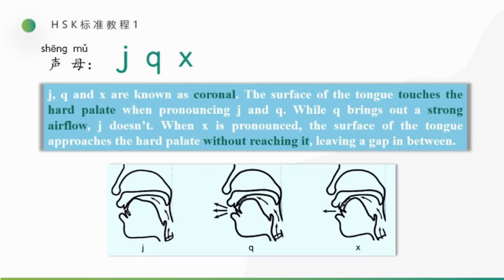The surface of the tongue touches the hard palate when pronouncing Ji and Qi, while Qi brings out a strong air flow. Ji doesn't. When Xi is pronounced, the surface of tongue approaches the hard palate without reaching it, leaving a gap in between. It's Xi, Xi.